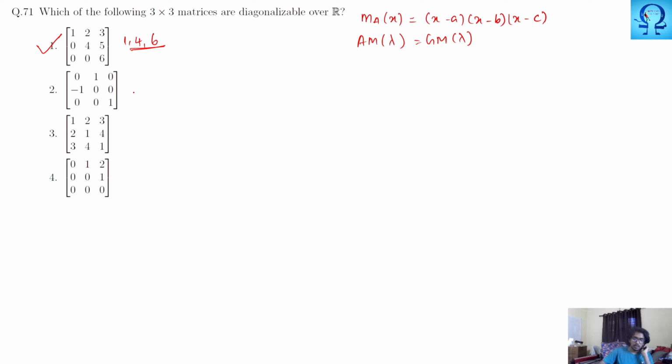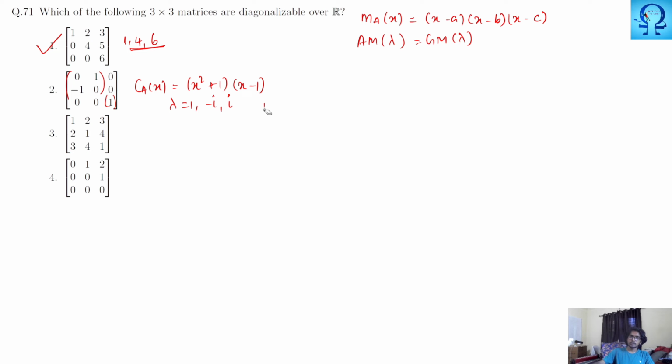And if you look at the matrix that is given in option 2, it is a block diagonal matrix. So in order to find the characteristic polynomial of a block diagonal matrix, we can find the characteristic equation blockwise. The first is x squared plus 1 and the second is x minus 1. Here the eigenvalues are lambda equal to 1, iota and minus iota.